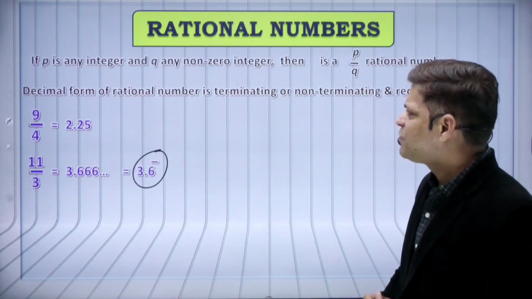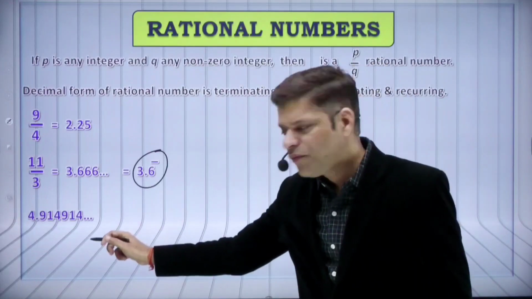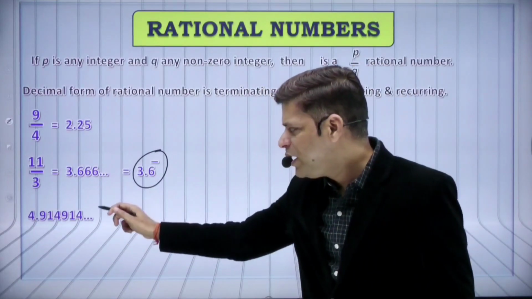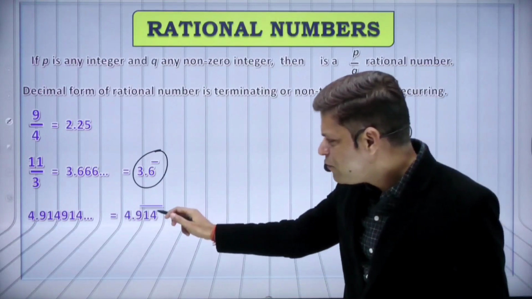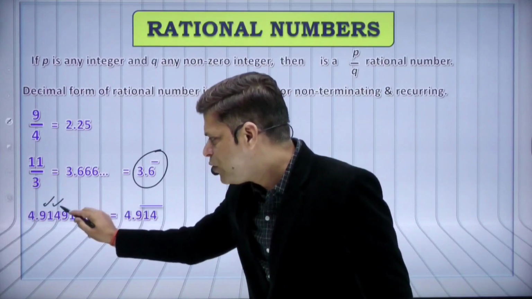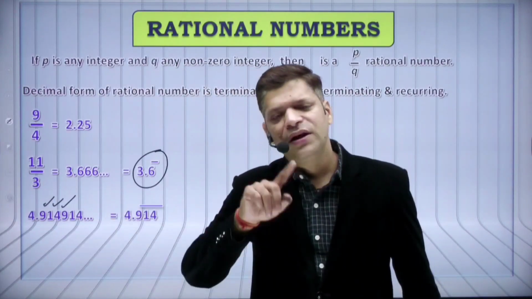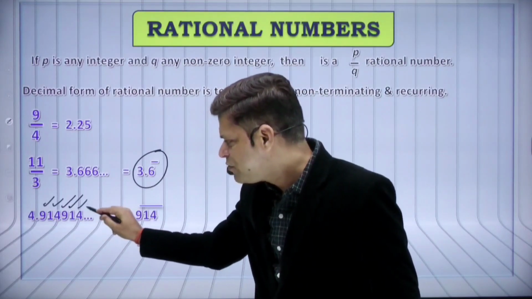Now the next one, 4.914, can also be written as 4.914 bar, because after the decimal, 9, then 1, then 4, that is 914, again and again repeats.